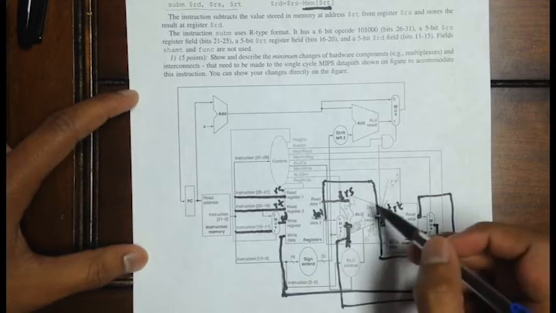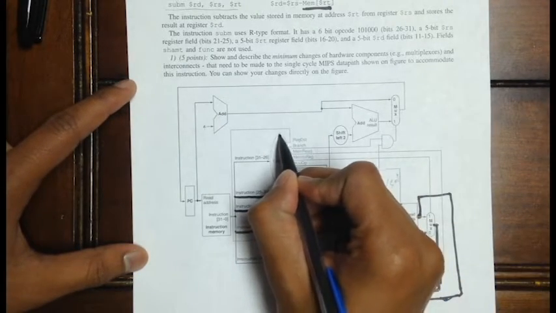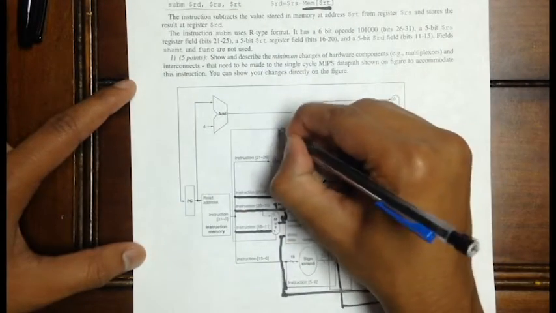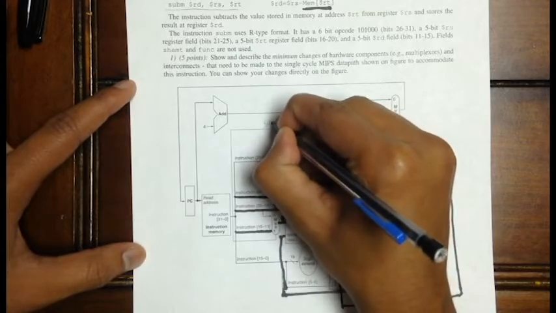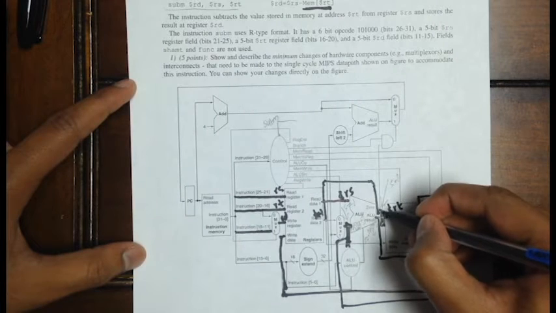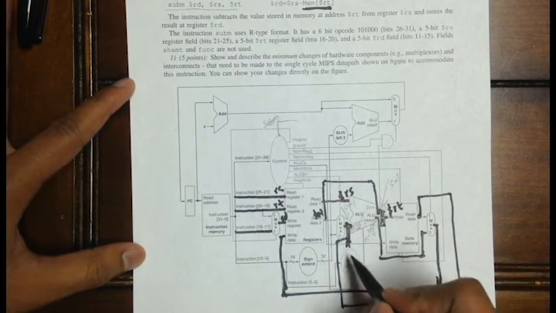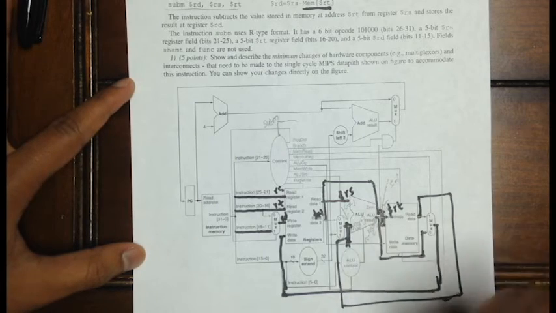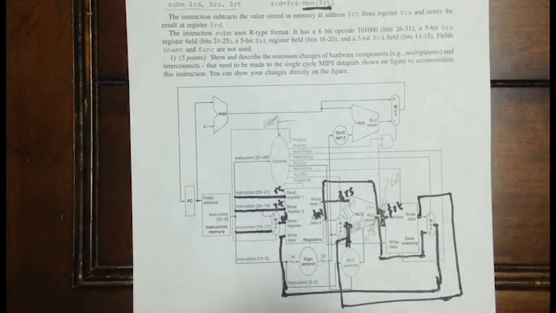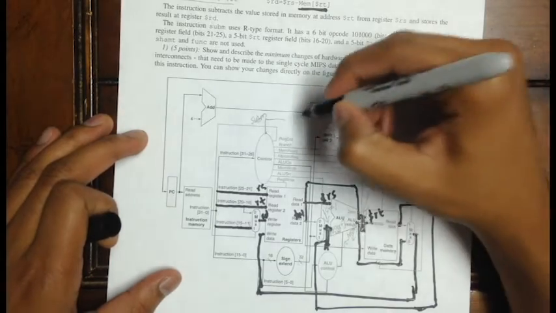Now we have to define this signal. So we're going to define a new control signal here, let's call it sub m. So whenever this is 1, this is also going to be 1, and this is also going to be 1. And therefore, the values which we want to go through the multiplexer are going to go through. So we're going to take sub m, and now this is where it gets a little messy.